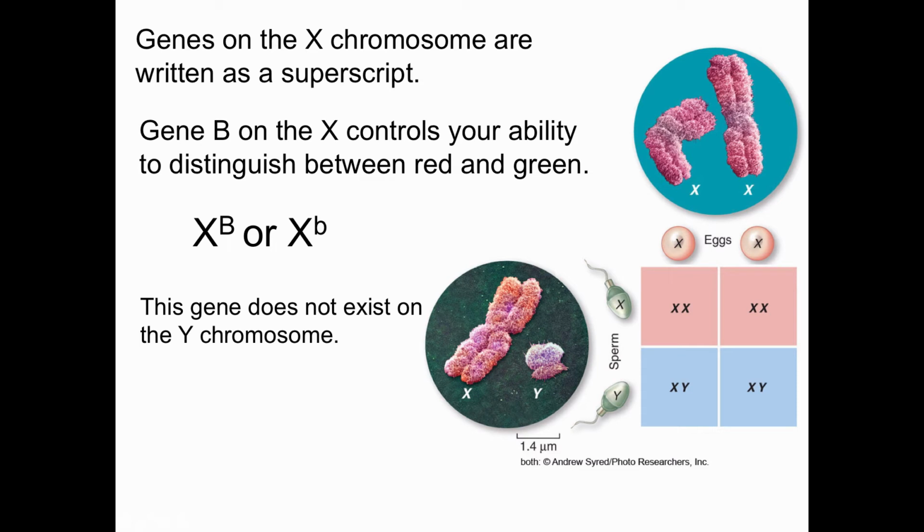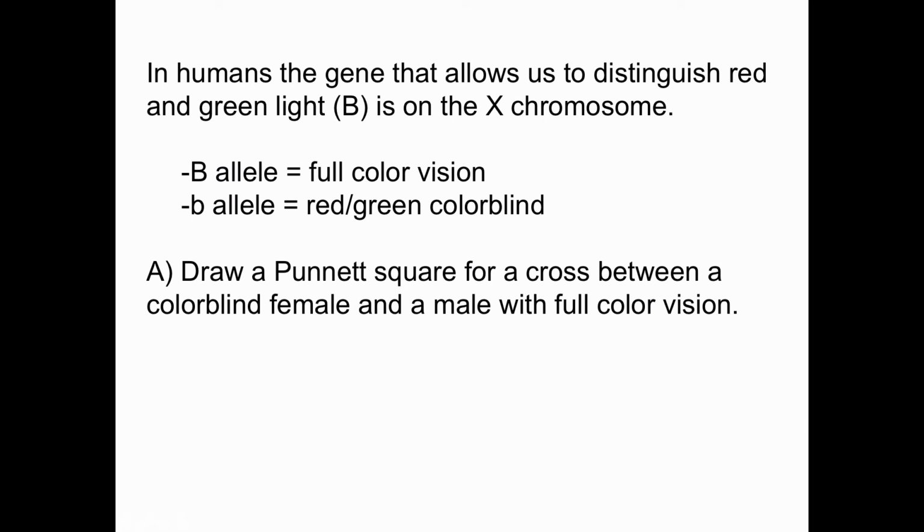So if we were trying to figure out if this person was going to be colorblind or not, we could do a Punnett square based on what we know about their parents. The gene for colorblindness does not exist on the Y chromosome. It's exclusively on the X. All right, so take a minute to try to draw out a Punnett square for this situation where big B is full color vision and little b is red-green colorblind.